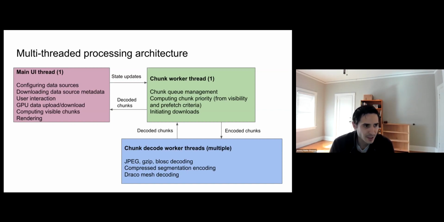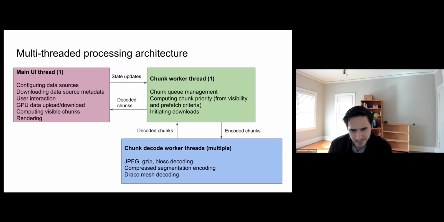And so that main UI thread does need to do all of the rendering, and it also unfortunately needs to deal with all of the uploading of data to the GPU and downloading of data from the GPU. And so in order to minimize the blocking of this main UI thread, which by the way also needs to deal with all of the user interaction, we try to move everything that's expensive off to other threads. So this main UI thread deals with configuring of the data sources and downloading data source metadata, which is small and inexpensive.